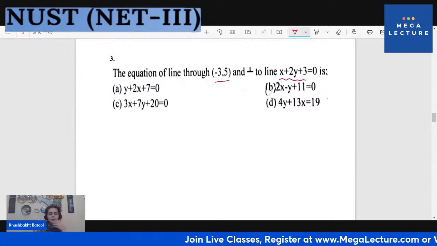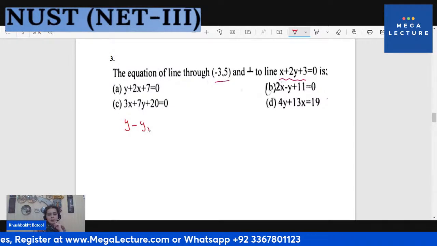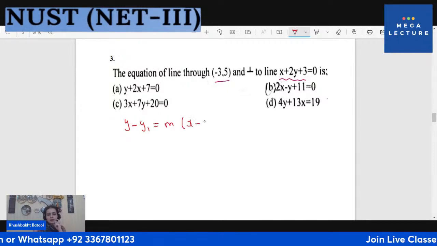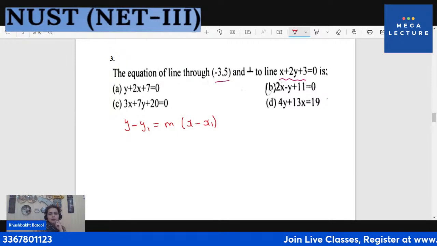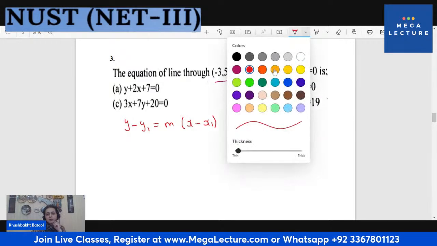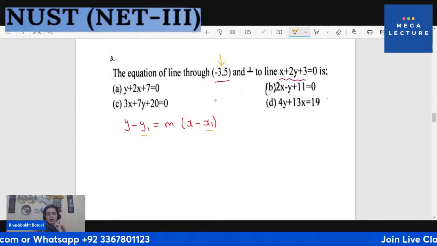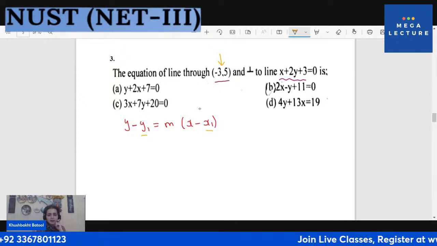Now let's begin with the point slope form, that is y minus y1 equals m times x minus x1. This is the formula for point slope form. Now I need to understand a few things. x1 and y1 are the coordinates of the point lying on my line, that is minus 3 and 5, and this m is the slope of that line.